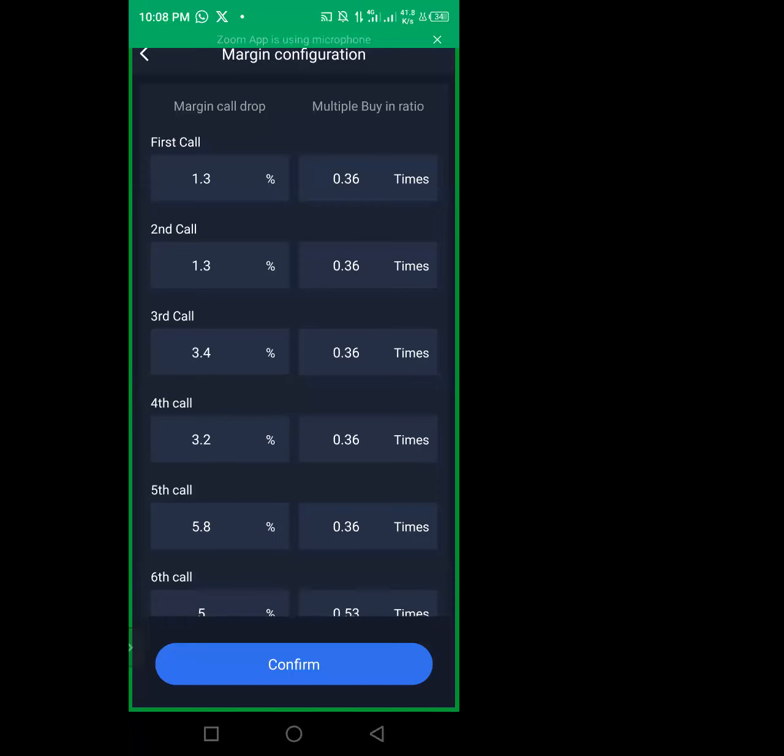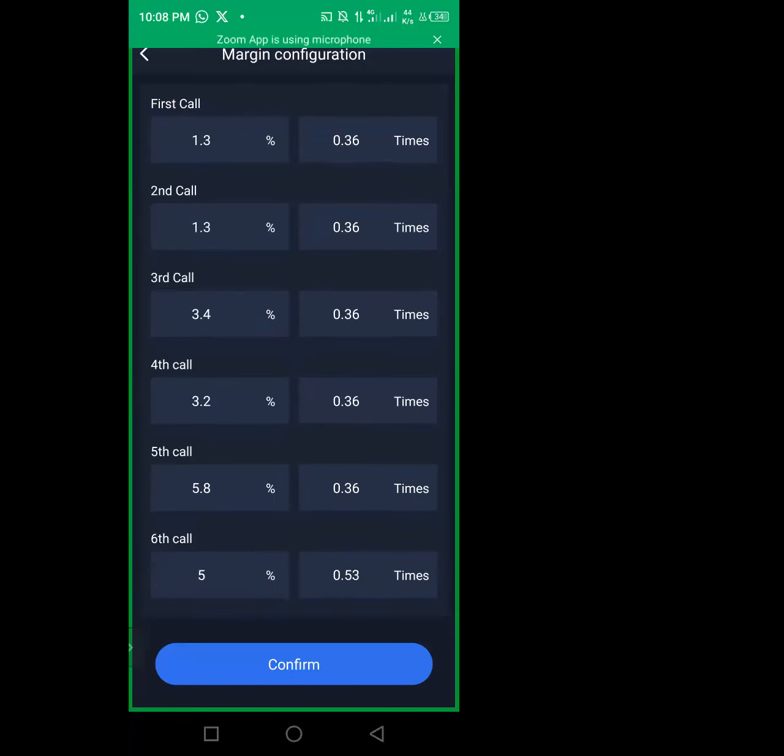If you calculate all these, 1.3, 1.3, 3.4, 3.2, 5.8 plus 5, this will accommodate around a 20% drop. Now, if this coin drops more than 20%, that's when patience will come in. Or you can add more USDT and open more margin calls.